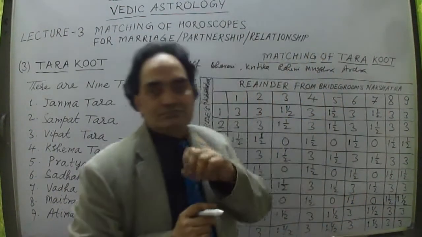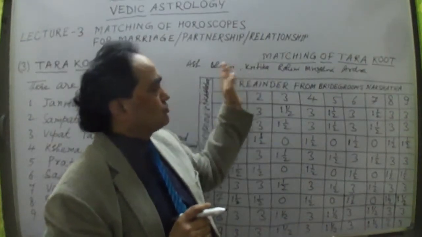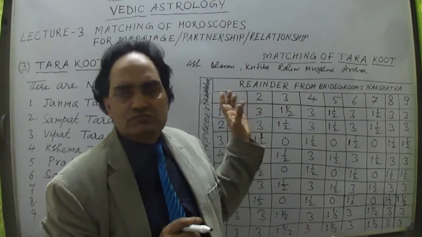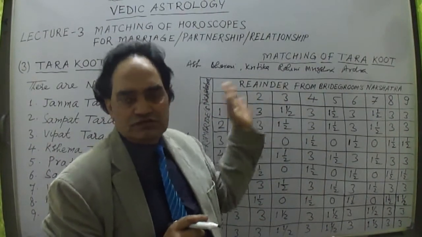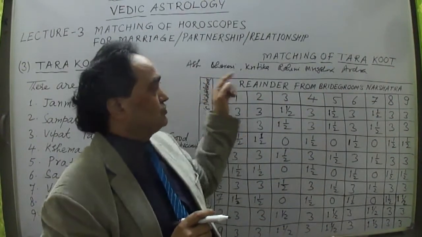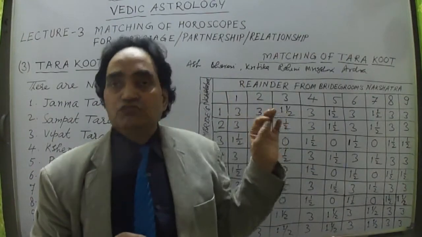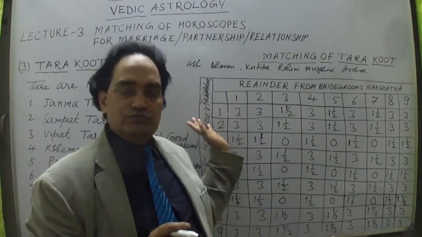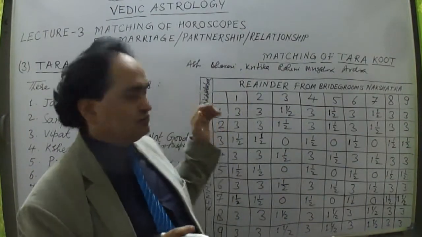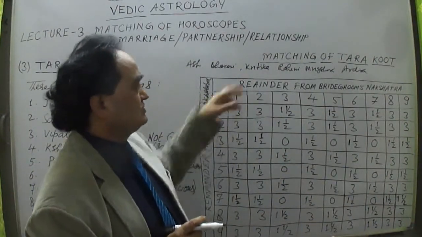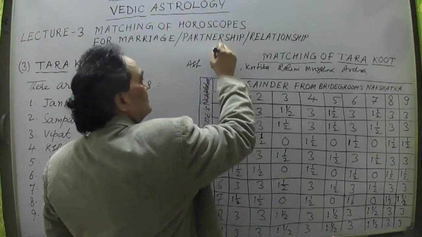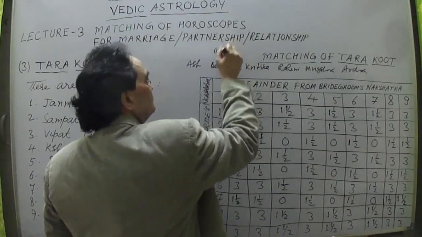Now, suppose the moon is placed in one of these nakshatras. Let me take from bride to bridegroom. Suppose the bride's nakshatra is Bharani.